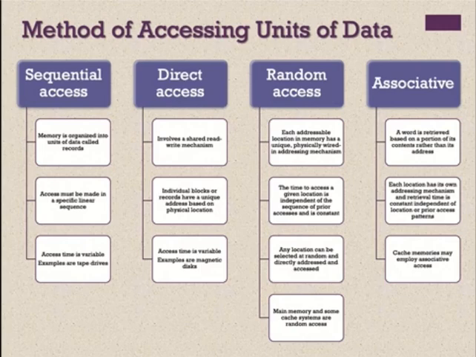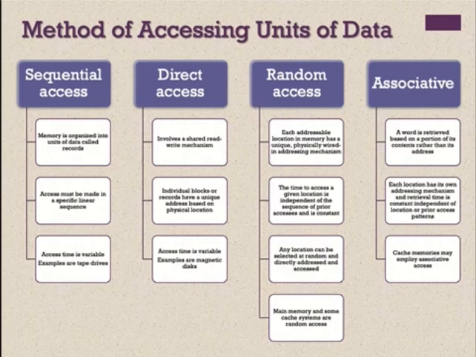Examples are magnetic disks. In a magnetic disk or HDD drive, we have a magnetic circular platter, and the data is stored in sectors and in blocks. These blocks are accessed by a shared read-write mechanism. There is a head that can read and write data, and these blocks are assigned physical addresses.